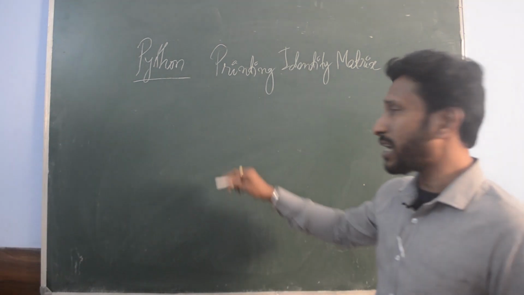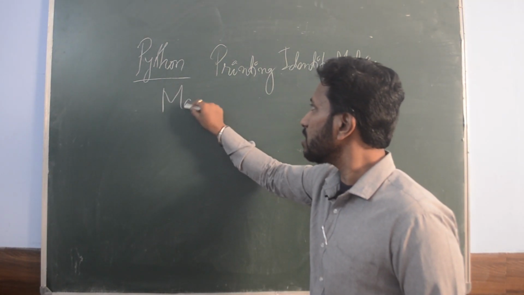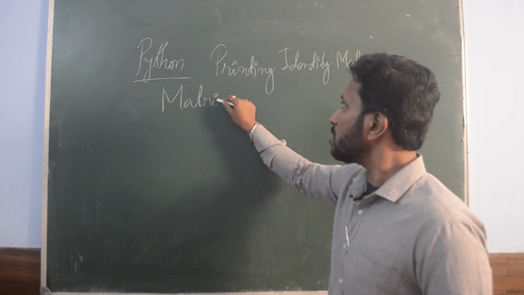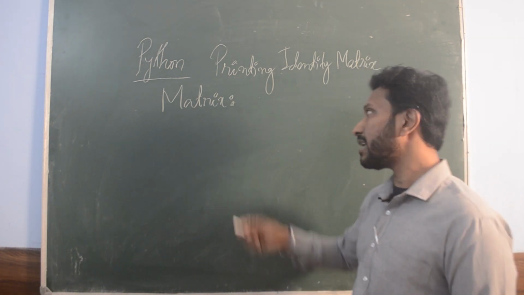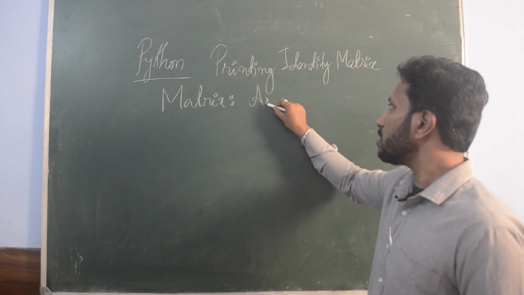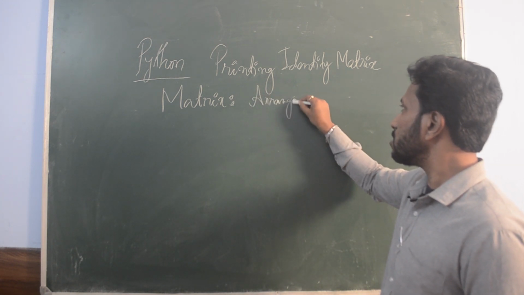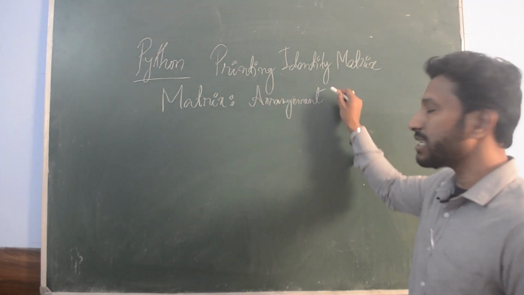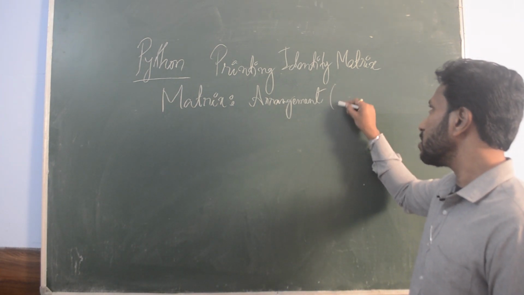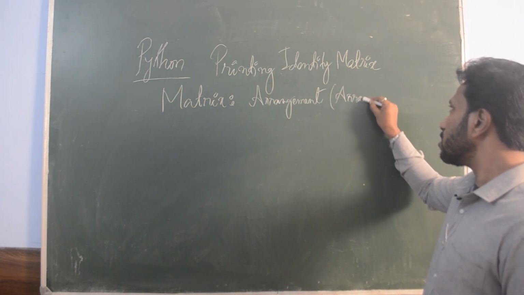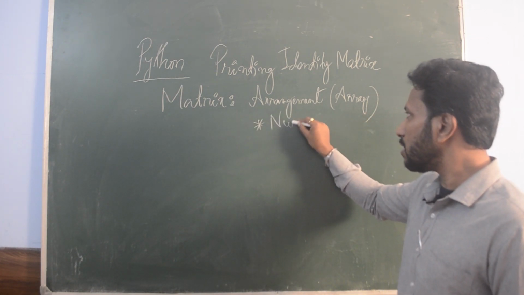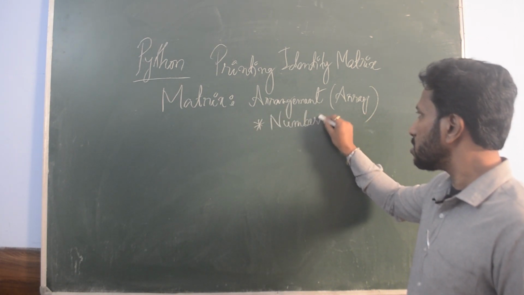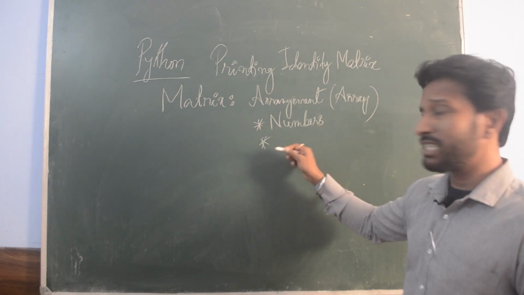So let us know actually what is matrix. Matrix in mathematics is actually an arrangement, or you can say that it is actually an array of, say, numbers, and it can be symbols also.